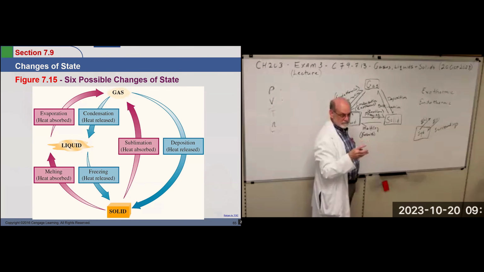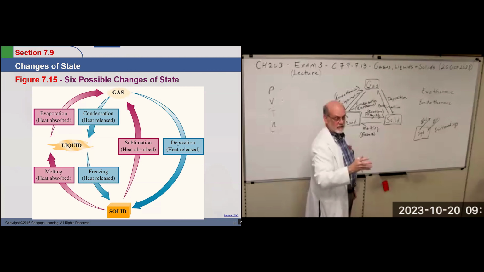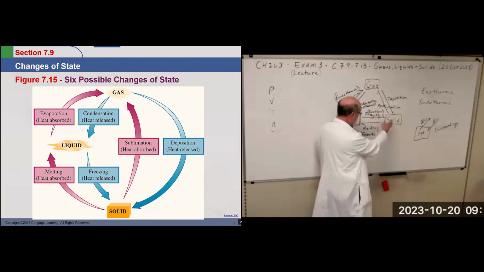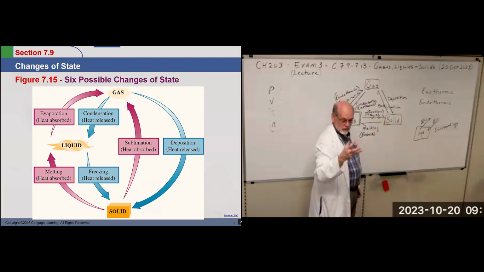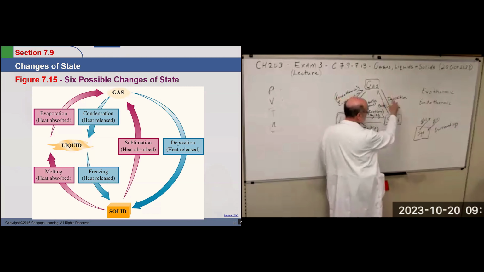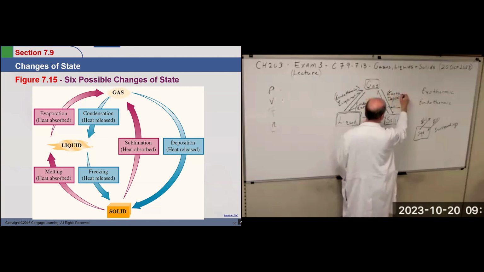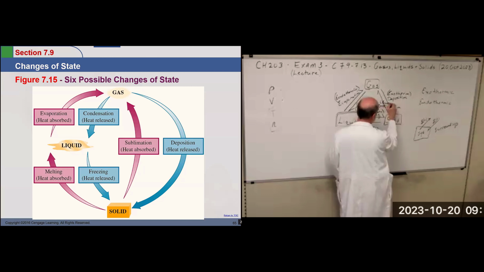What are they doing? If it's a gas, they're moving really fast and they're far apart. If it's a solid or a liquid, they're getting closer together and they're slowing down. That means they have to give up energy. So when we go to deposition, when we go from a gas to a solid, we have to give up energy. This would be exothermic. And the other direction would be endothermic.